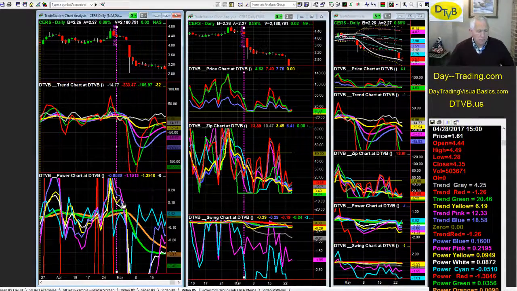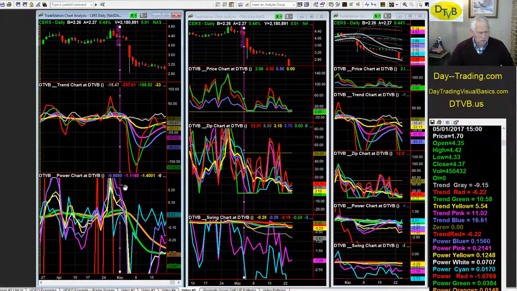However, there's 2 problems. We normally only want to deal with 1 day of divergence. When you move this over for a second day of divergence, then you've got 2 days, and then you've got mixed signals in the power 4, which just creates issues.